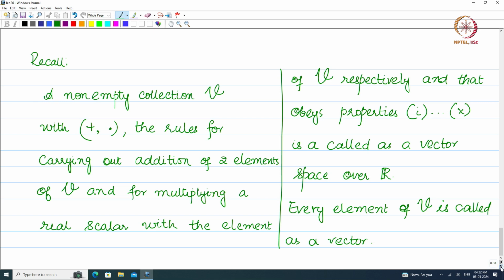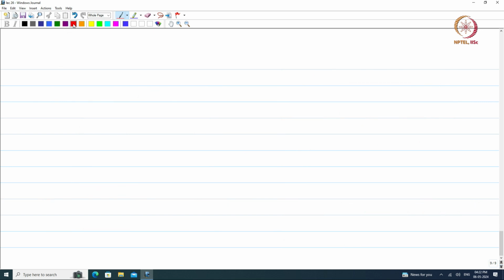Now, let us take some more examples so that we get a better understanding. What is the example that we are going to look at?